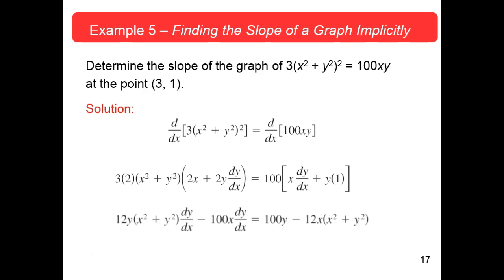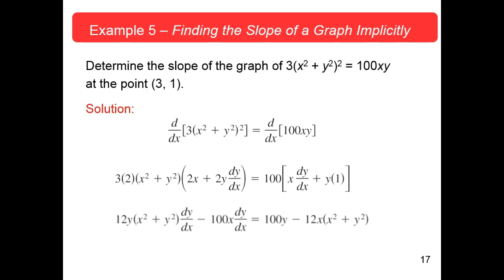Here's what they did. This may be a hybrid between what they're doing. They looked here and saw this was a 12 times this times 2y. No, I'm sorry, they already pulled the 2 out. 6 times 2y would be 12y times this times dy dx. They did the second term, this stuff times this, here.